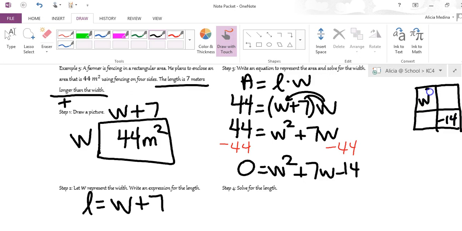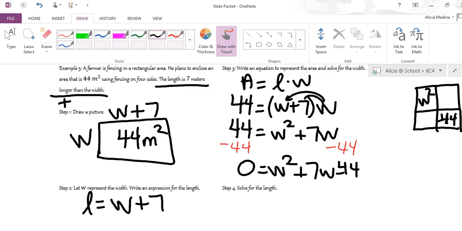I have my positive W squared up there. And I'm looking for something that multiplies to negative 14 and adds to a 7. Oh, it's not a 14, it's a 44. My apologies, guys. So when I subtracted 44, this should be a negative 44, right? I accidentally wrote a 14, forgot to write the little sign. So it's actually a negative 44.